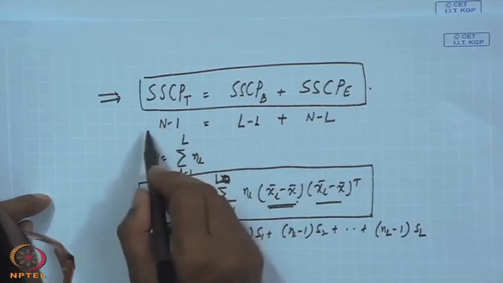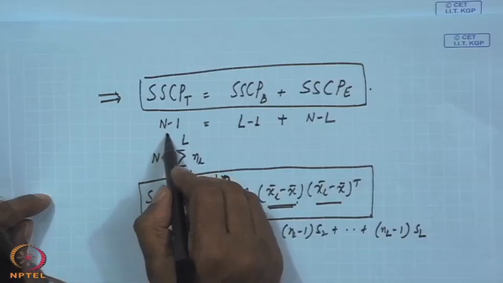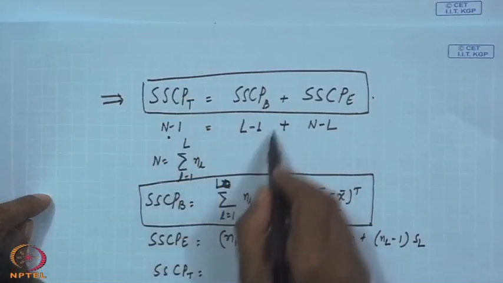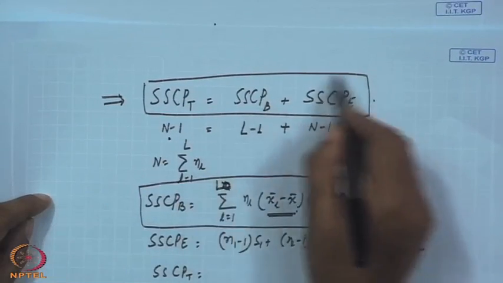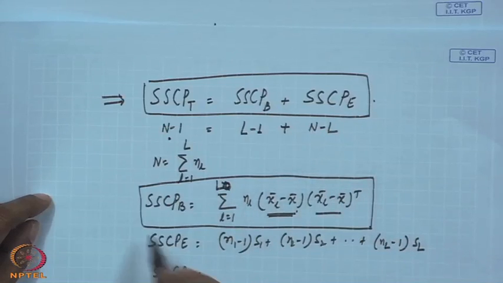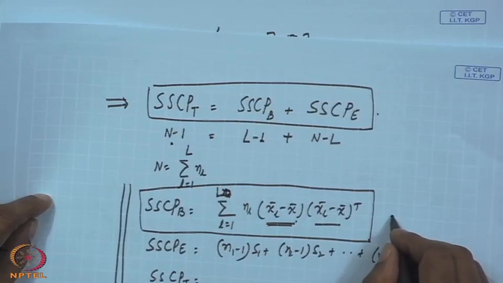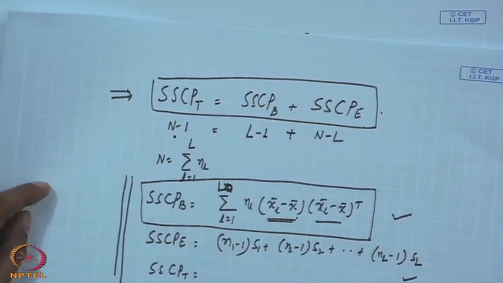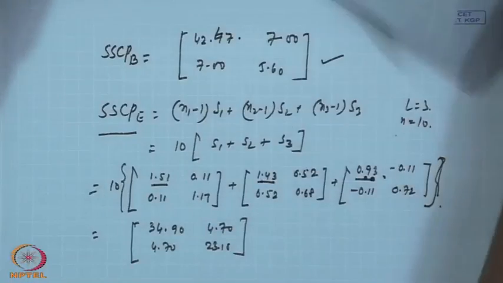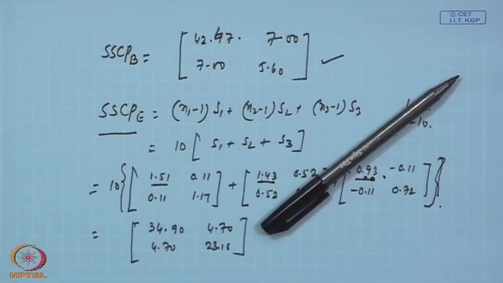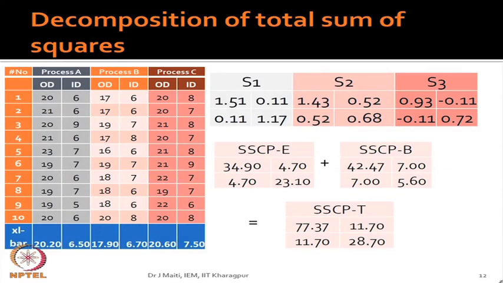We also have seen that the degrees of freedom is n minus 1 for SSCP total, L minus 1 for SSCP between, and n minus L for SSCP E, and these are the computational formulas for SSCP B and SSCP E. Then I have given you this problem. What I said is, let us compute SSCP B and SSCP E for the data set given.